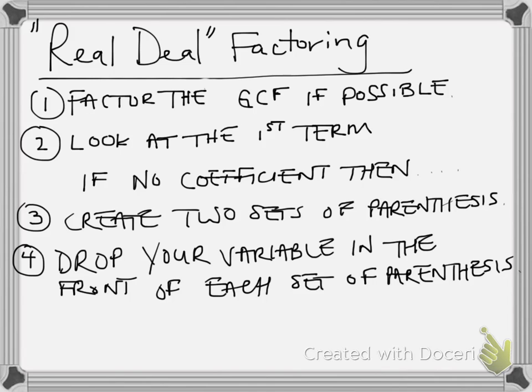So factor the GCF if possible. Look at the first term. If no coefficient, then step 3 is to create two sets of parentheses. Drop your variable in the front of each set of parentheses.